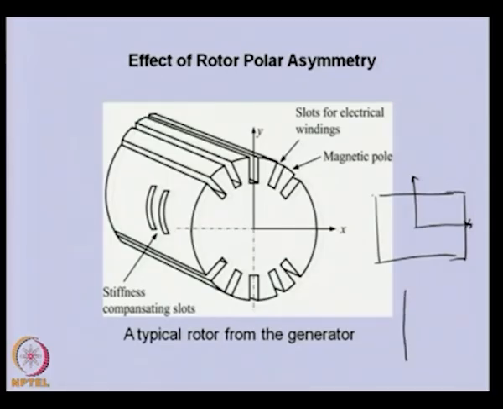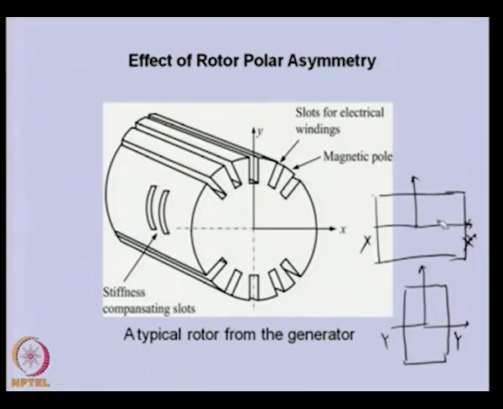So, when the rotor has this orientation and this orientation, first case and second case, the stiffness about one of the axes, let us say XX, will be different as compared to the other axis, YY. Here we expect the stiffness about this axis will be less as compared to this one.